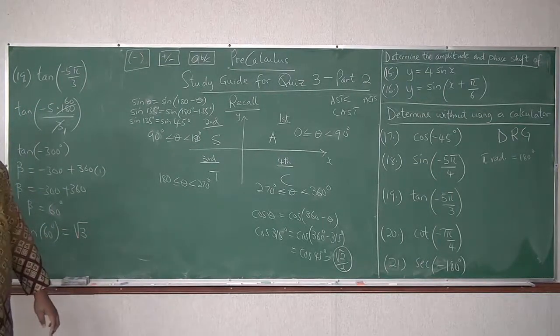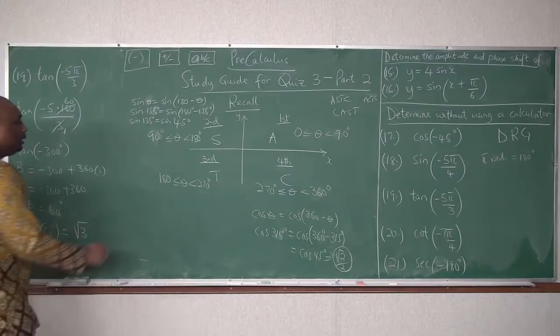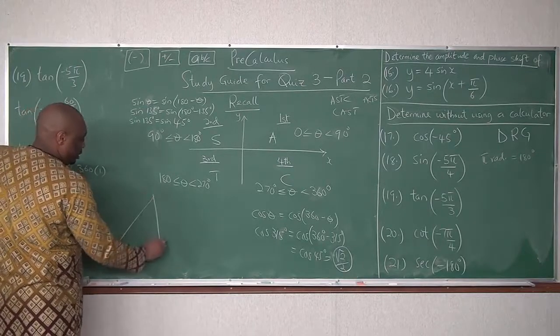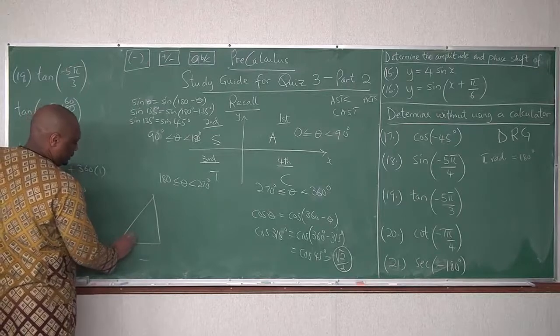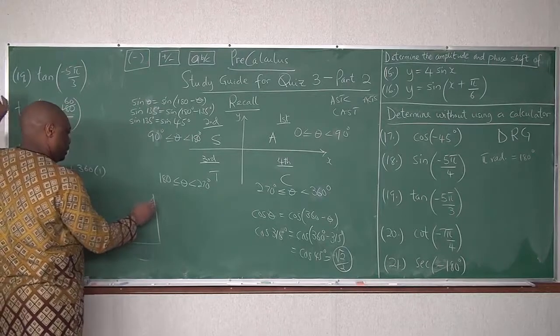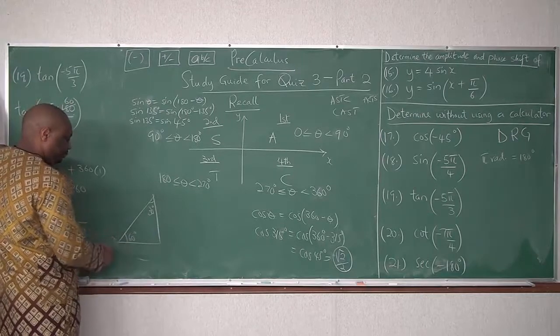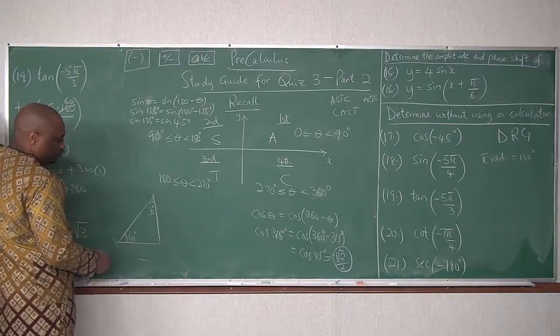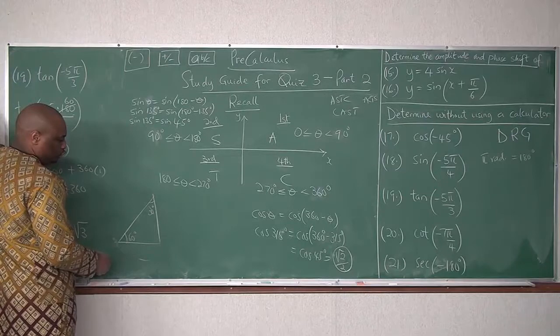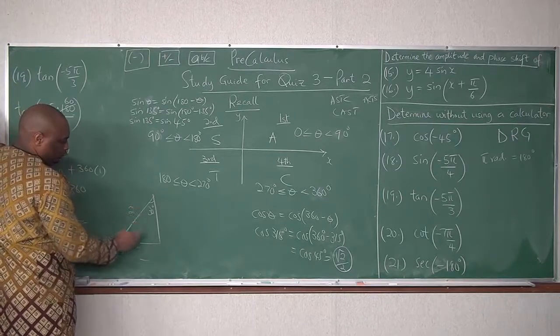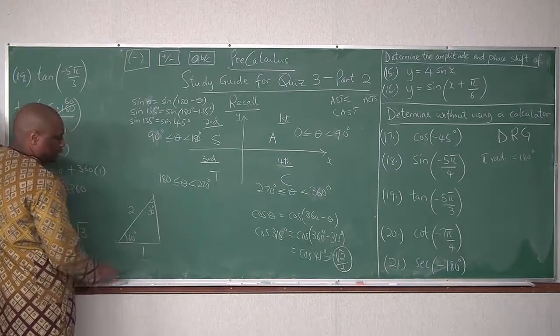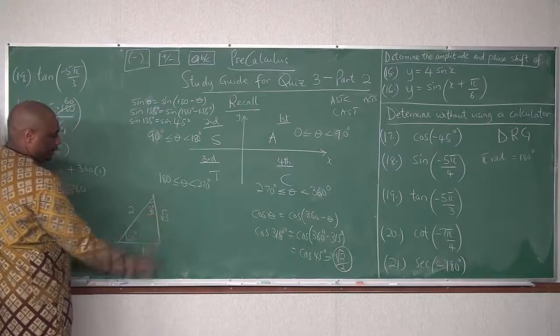I know that tan 30 is 1 over root 3. Let me make sure. 60, 30, 2, 1, root 3. Yeah.